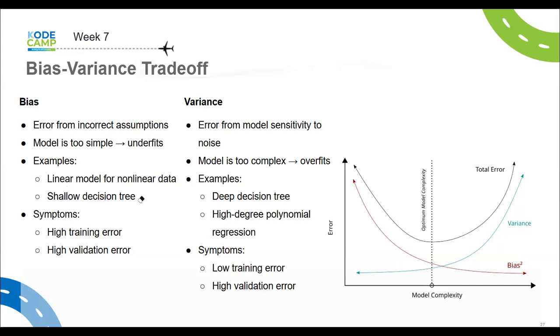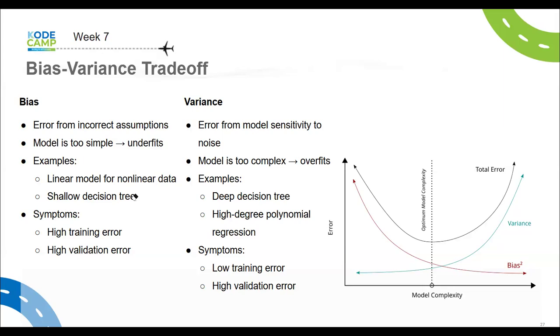Another example is a shallow decision tree, where the depth is not enough, so it cannot handle nonlinear relationships. Typically, the symptoms of bias are a high training error and a high validation error. Both will be high, because it cannot even learn the training data it is given.